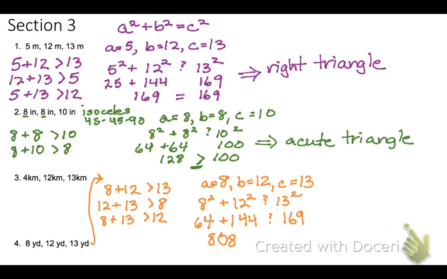What am I doing? 2. Sorry. 208 is definitely greater than 169. So since a squared plus b squared is greater than c squared, just like up here, we have ourselves an acute little triangle. Okay, so that is section 3.